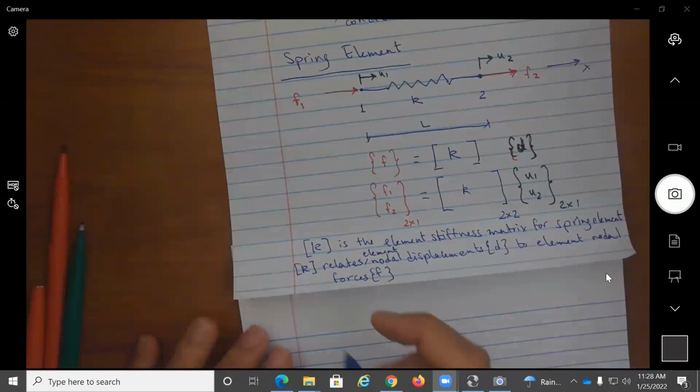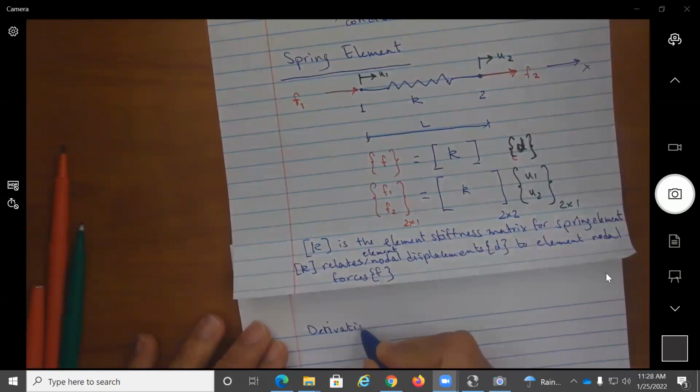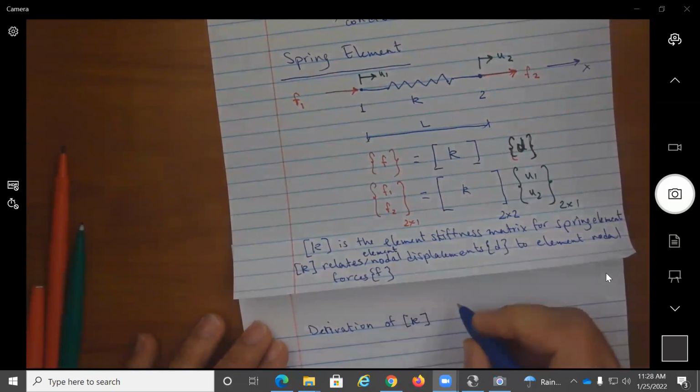So we want to start looking at the derivation of k for a spring element.